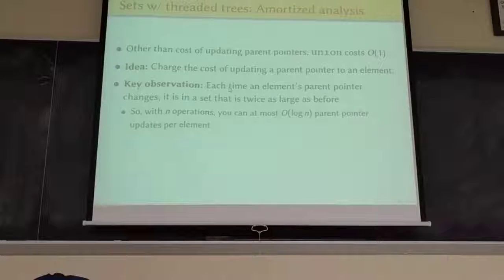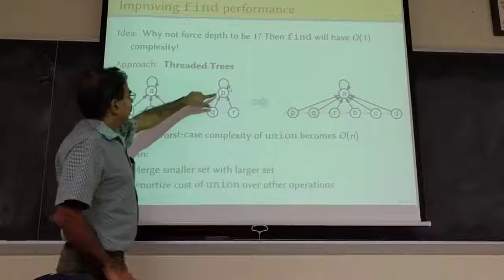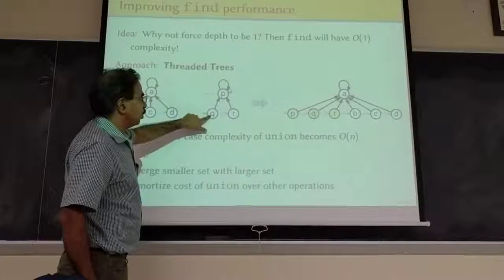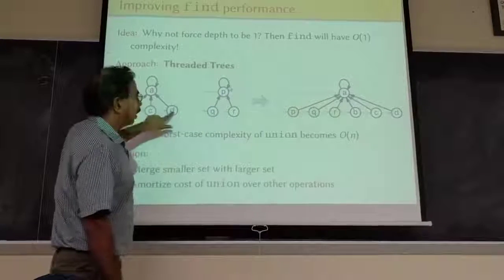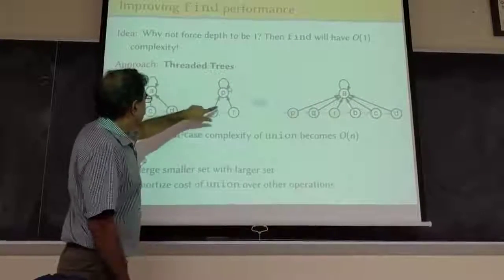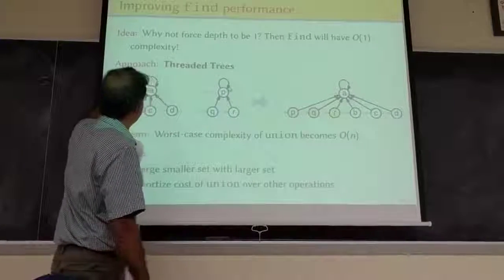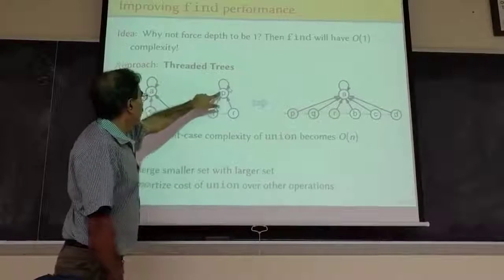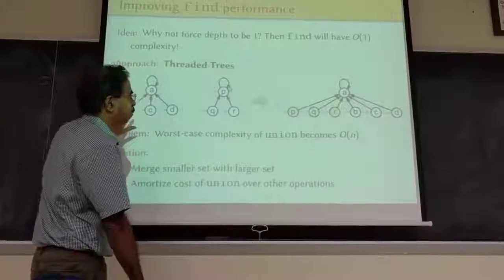In this case, P already has a pointer to Q. All you need to do is to make A point to P, and then R point to B.